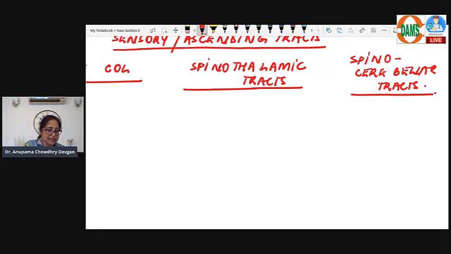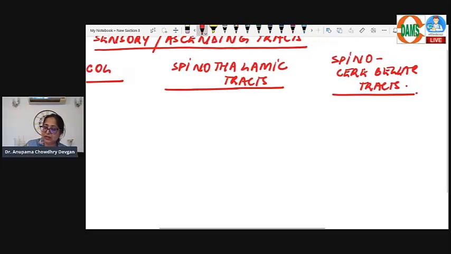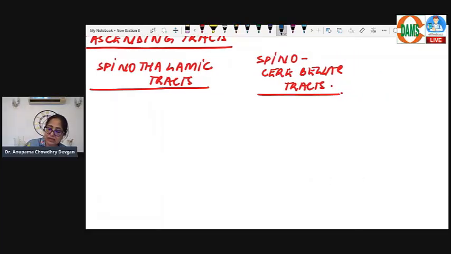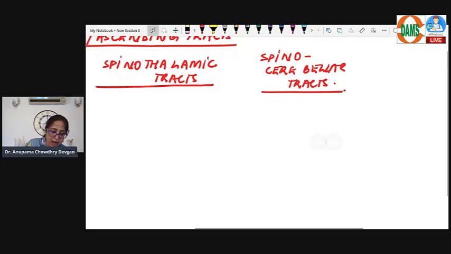Now, first let's have a look at the spinocerebellar tracts. These are meant for unconscious proprioception.